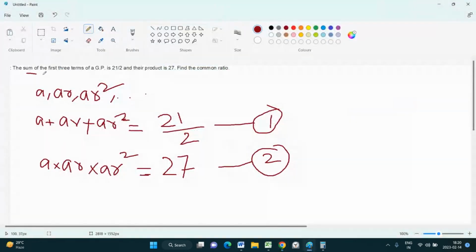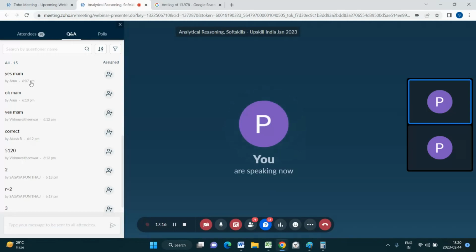We can consider AR squared and AR cube. Did any of you think that we did it in a different way yesterday? We did the same example yesterday, is it not? Yes or no? Very good. Excellent.